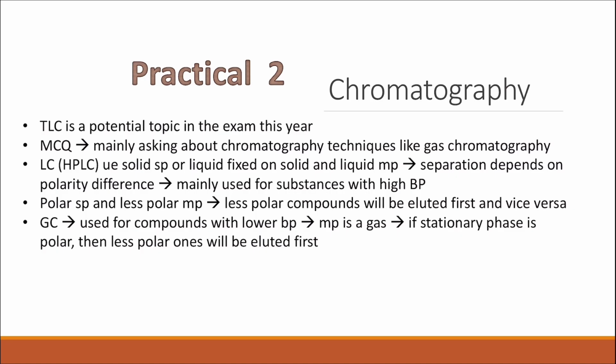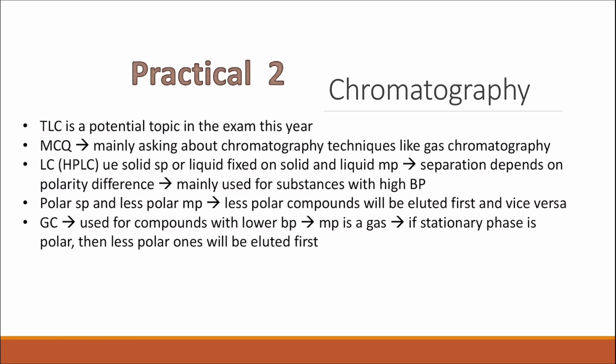Gas chromatography, as I said, would be used for compounds with lower boiling points. The mobile phase here is going to be a gas. If the stationary phase is polar, then the less polar components will be eluted first. The role of the gas here is just to push the different components off their attachment on the column.